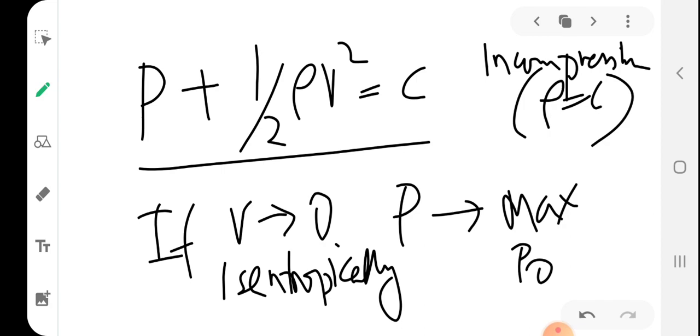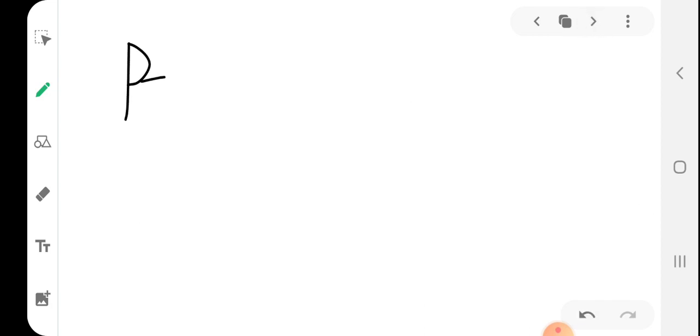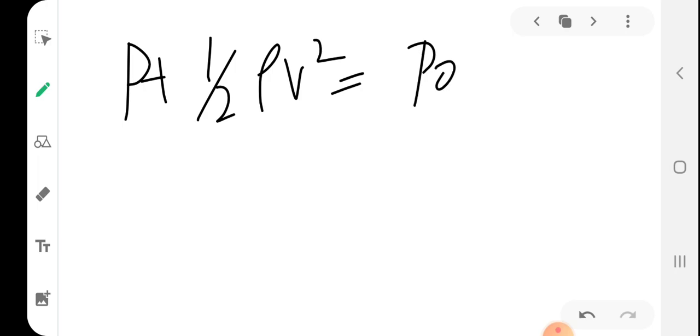So the equation becomes P plus half rho V square equal to P0, where P0 is the stagnation pressure.